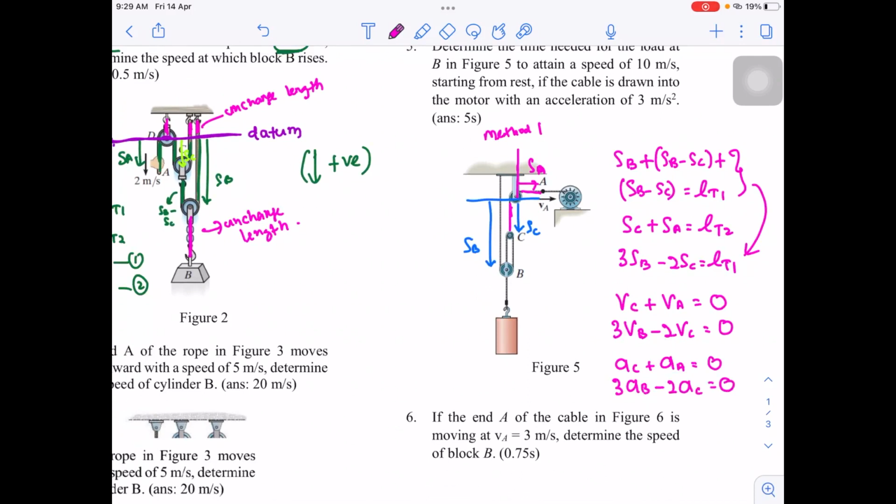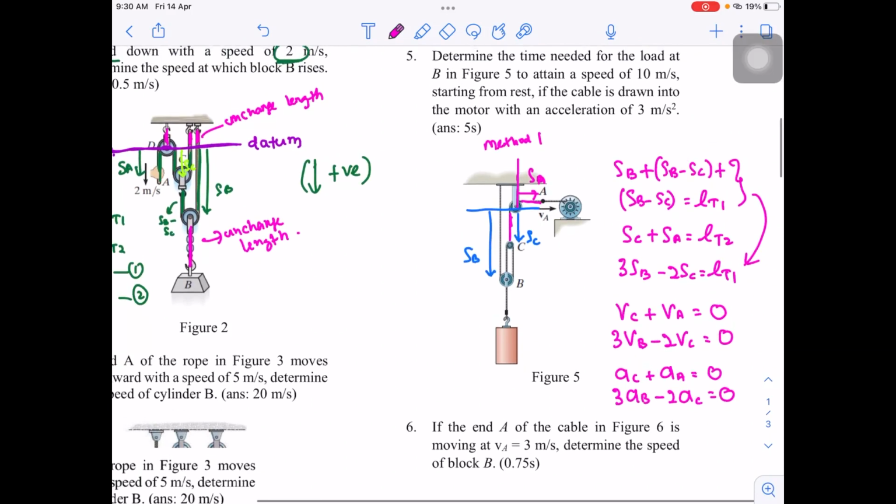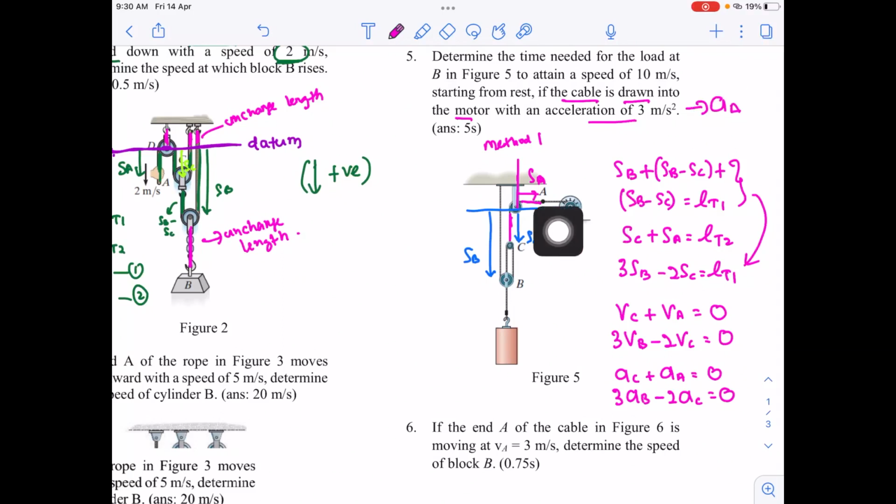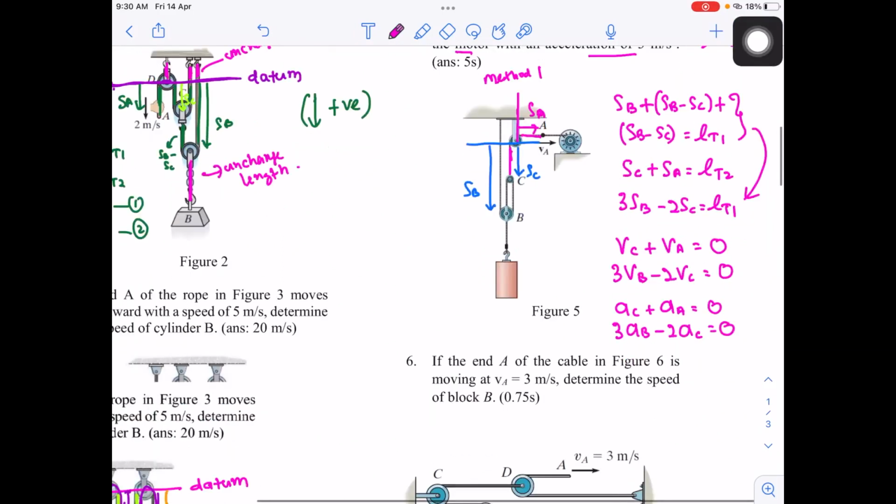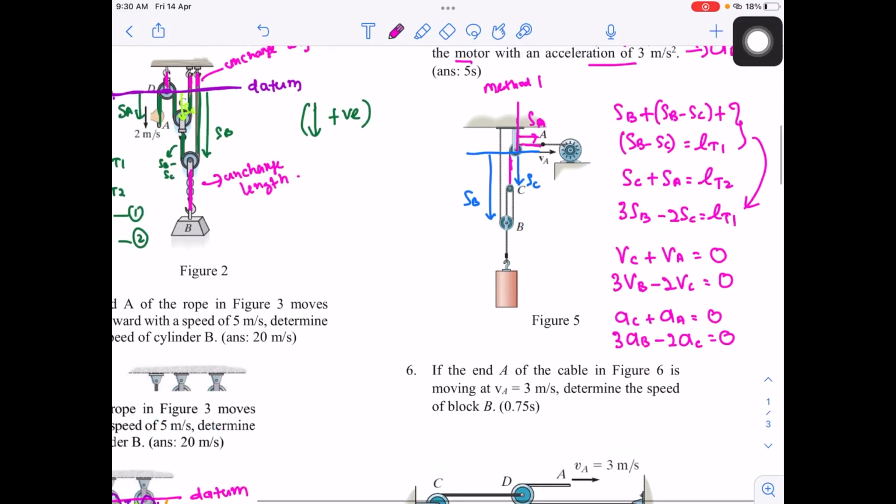You just replace V with A. VC becomes AC, VB becomes AB. The cable is drawn into the motor with acceleration 3, so this one is AA. So substitute AA into this.